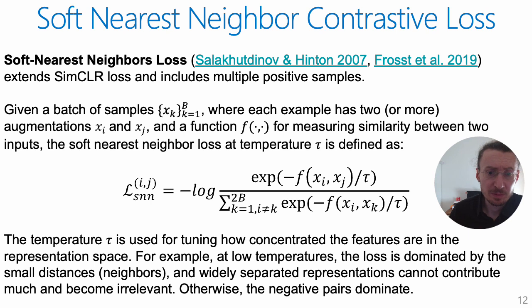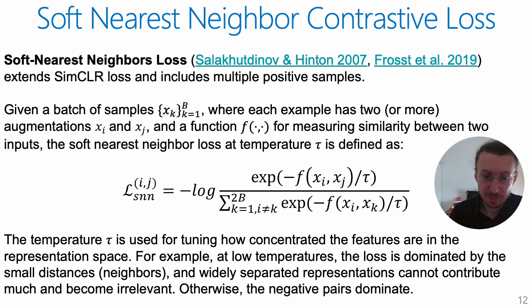This is an example of the contrastive loss. We generate two augmentations, X sub i and X sub j, for each data point X in the batch. In the representation space, we want these two augmentations from the same image to be close to each other, while the other augmented points are treated as negative pairs that we want to repel from each other in the latent space.